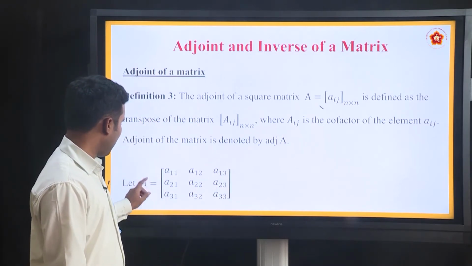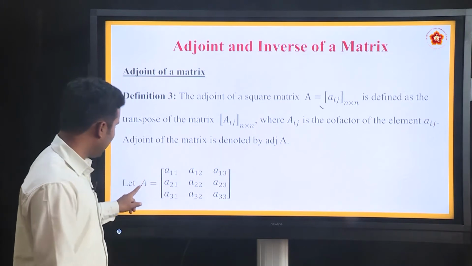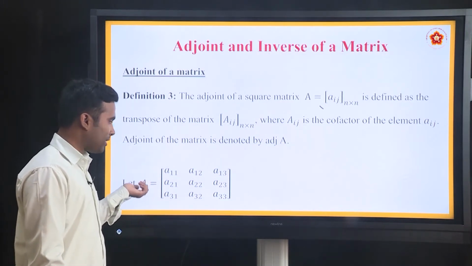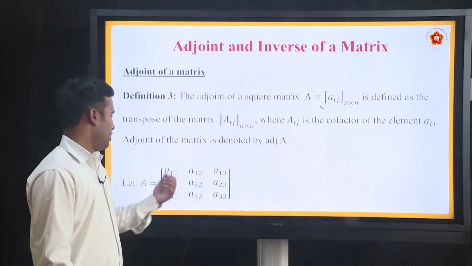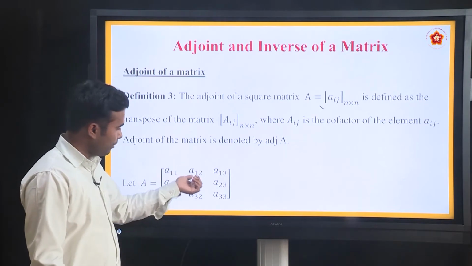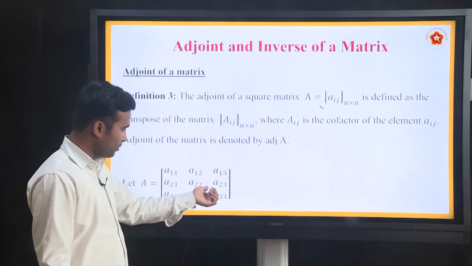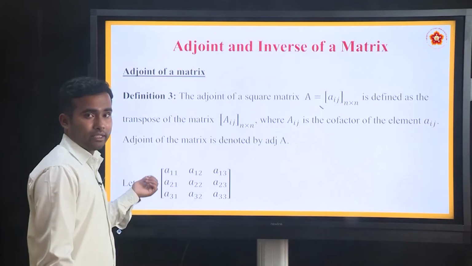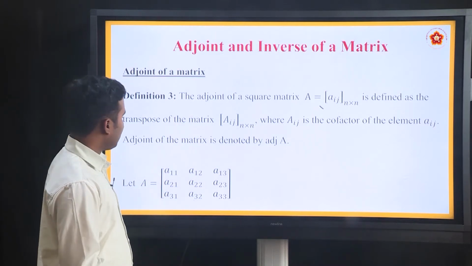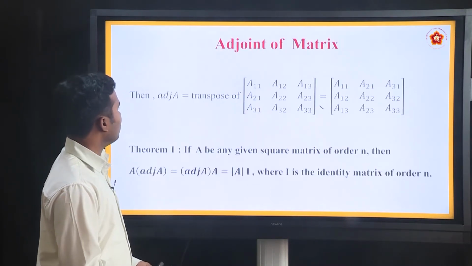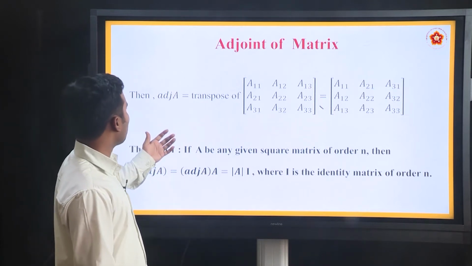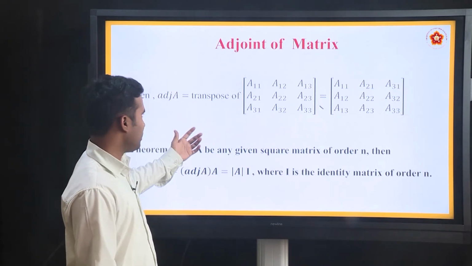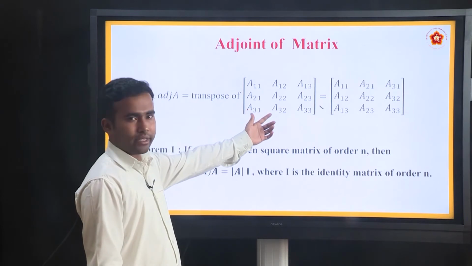Here, I have chosen A to denote a matrix of order 3, with elements A11, A12, A13, and similarly the rest of the elements of matrix A. The adjoint of that matrix can be defined as the transpose of the cofactor matrix.